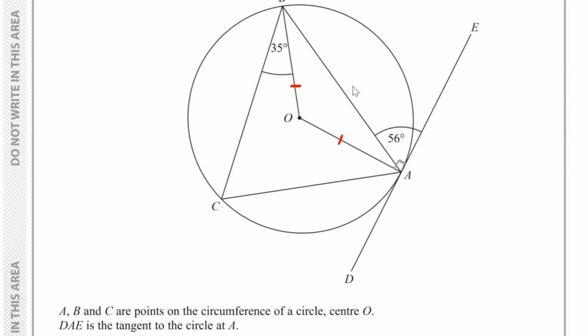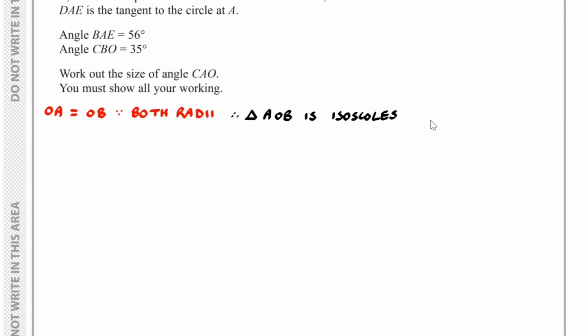And so the angle OAB we can find out by doing 90 subtract the 56. So the angle OAB is equal to 90 degrees minus the 56, which was given, and it turns out we get 34 degrees.